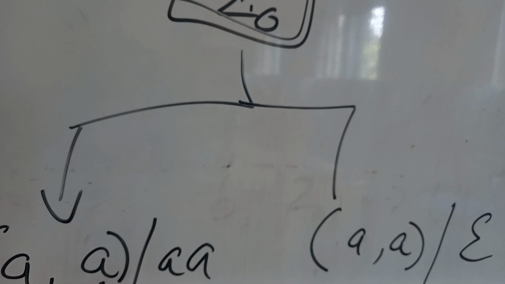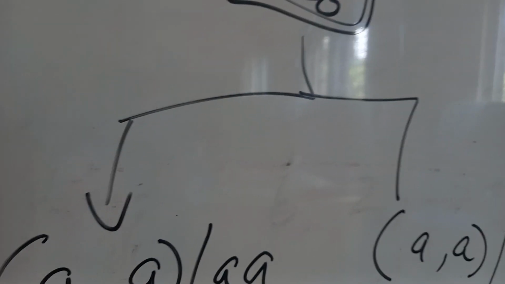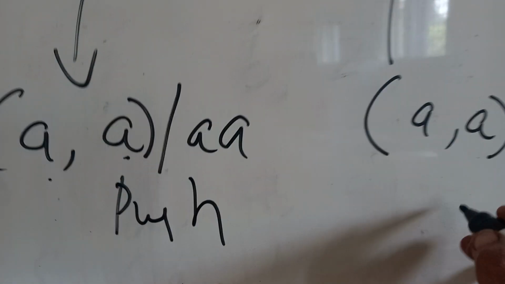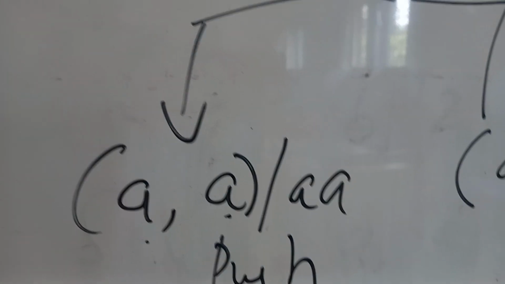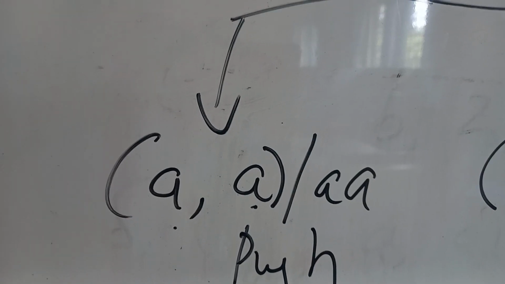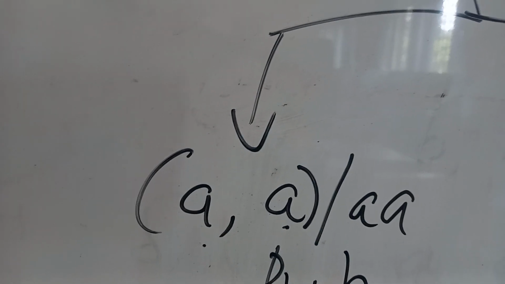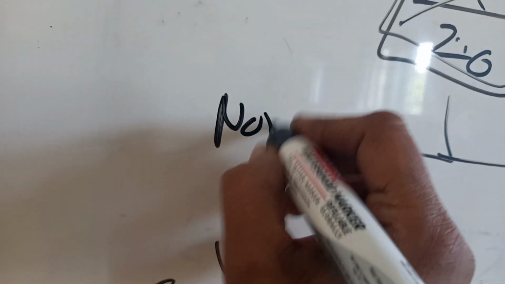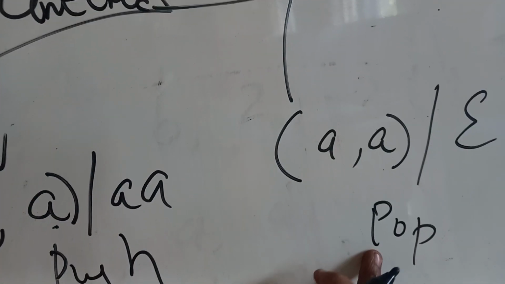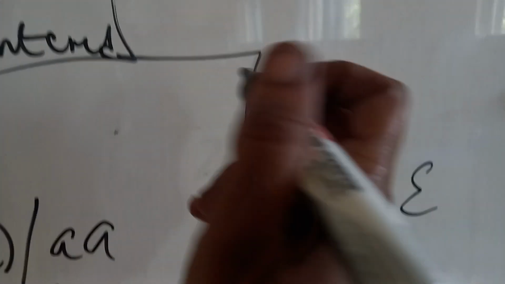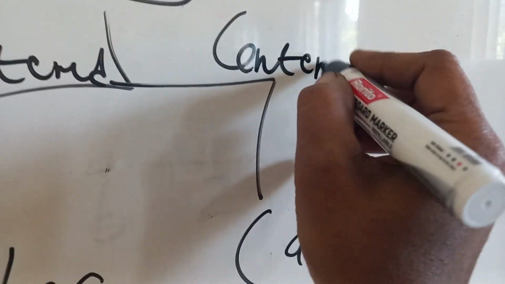Okay, and so this is for the push operation and this is for the pop operation, and this push operation is actually performed for the non-centered point. And the pop operation will be performed for the centered point.